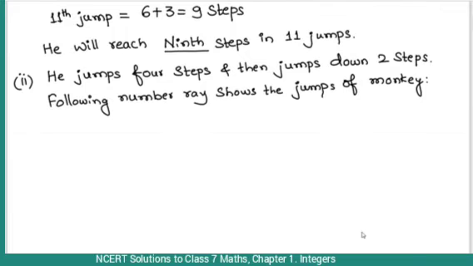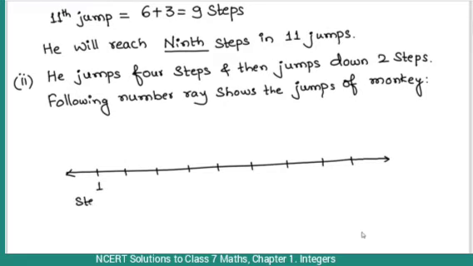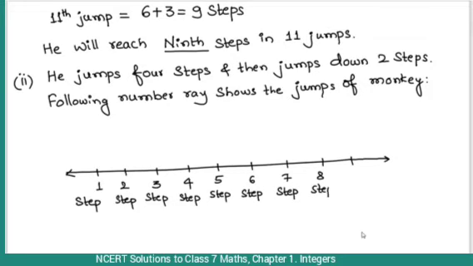So let us draw a number array here representing 9 steps. This is the number array with the first step, second step, third step, fourth step, 5th step, 6th step, 7th step, 8th step and 9th step. So a total of 9 steps are there.